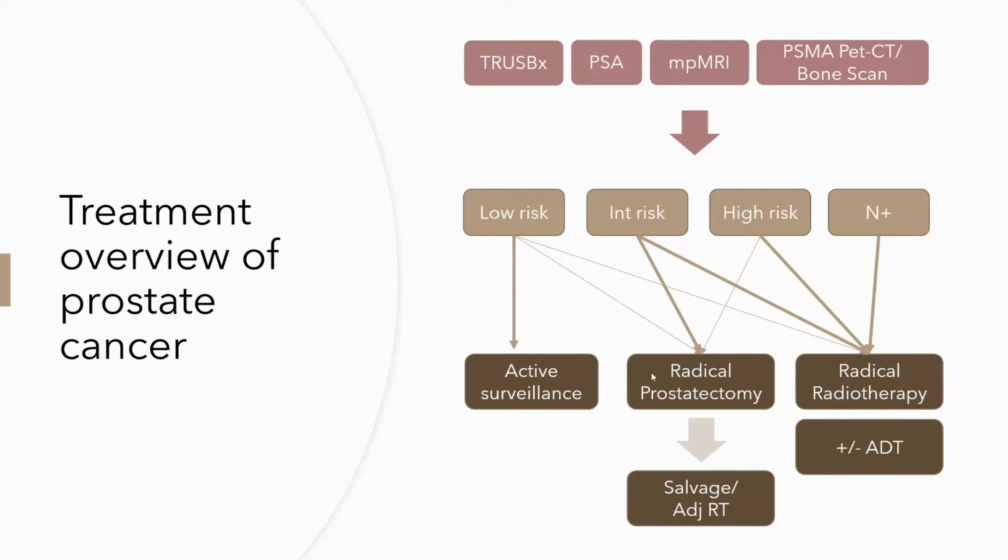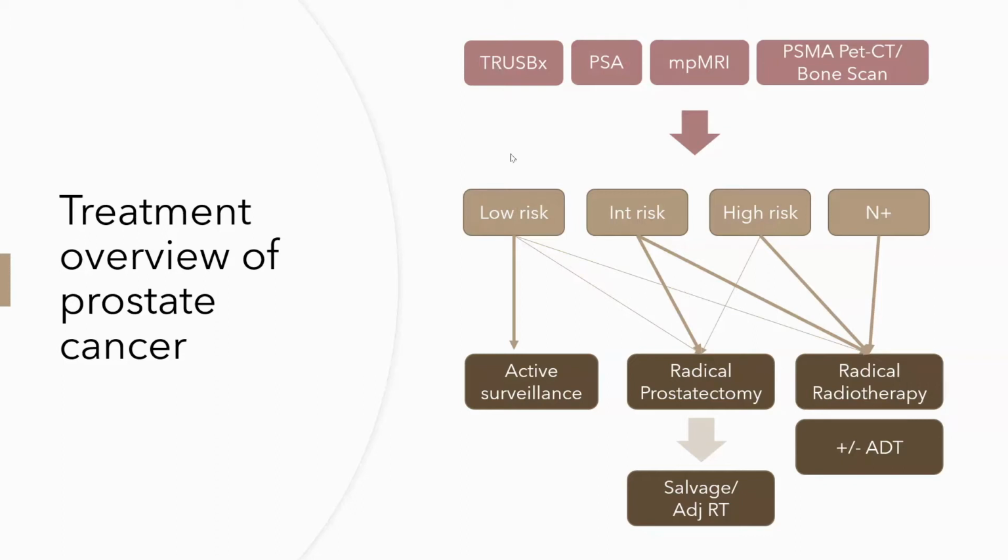Now, for those who undergo a radical prostatectomy as the first treatment, depending on what the pathology is and what the post-operative PSA is, some of these patients will become candidates for either salvage radiotherapy or adjuvant radiotherapy. We are going to discuss a little bit more about indications later on. So what does this slide really tell you?